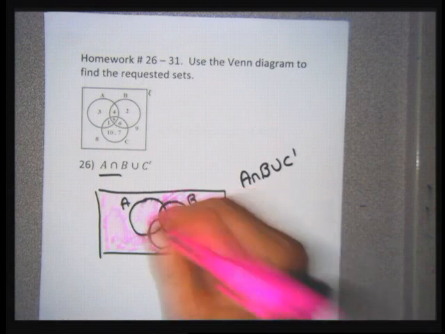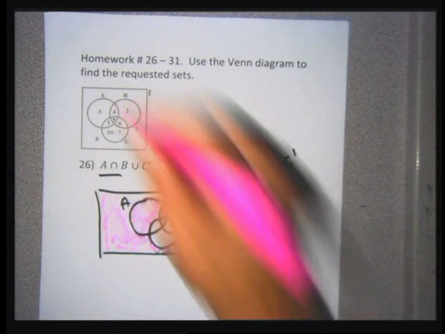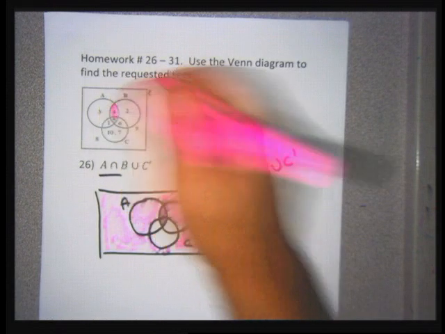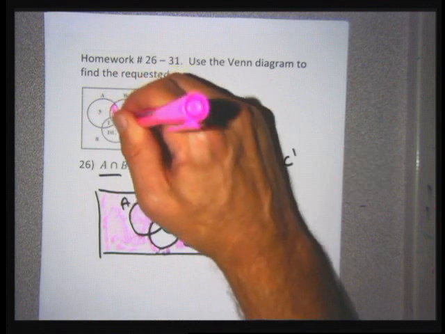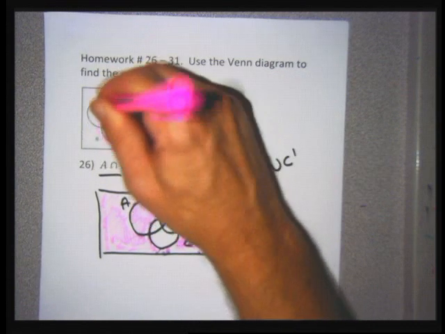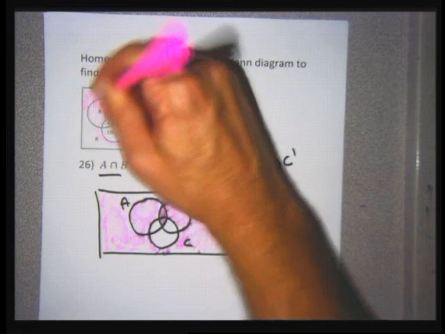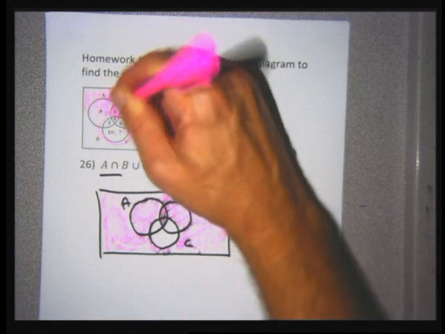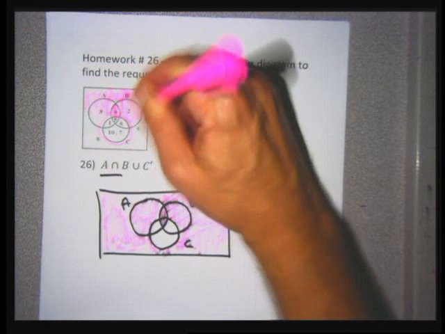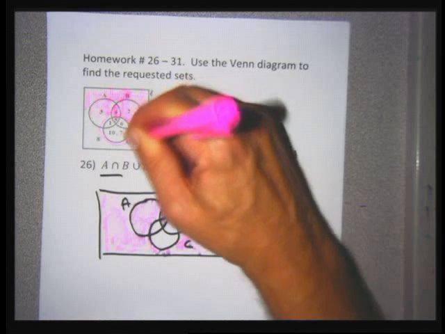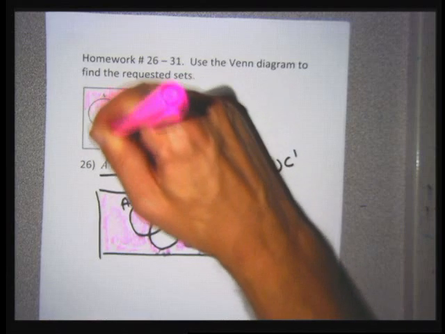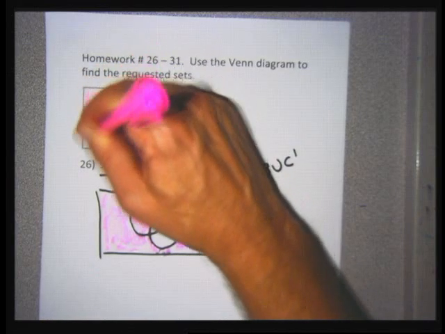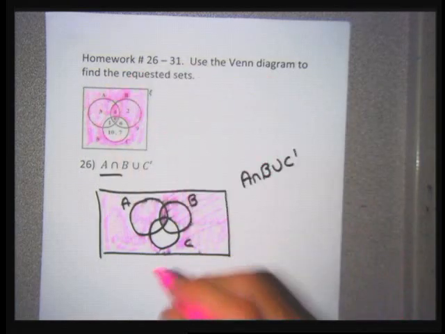So it contains this region right here, and then everything that's outside the C circle. So let me try to apply that to this graph. And then somehow I just need to describe or list the numbers that I've got shaded.